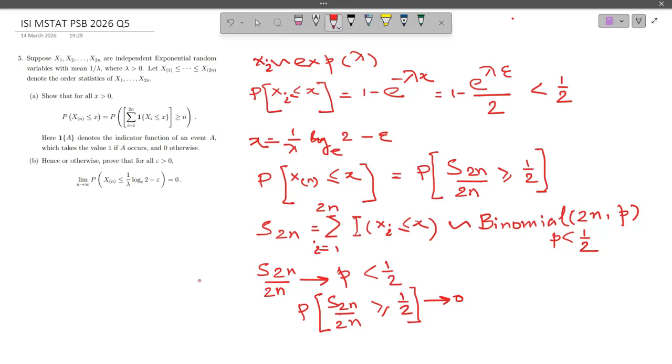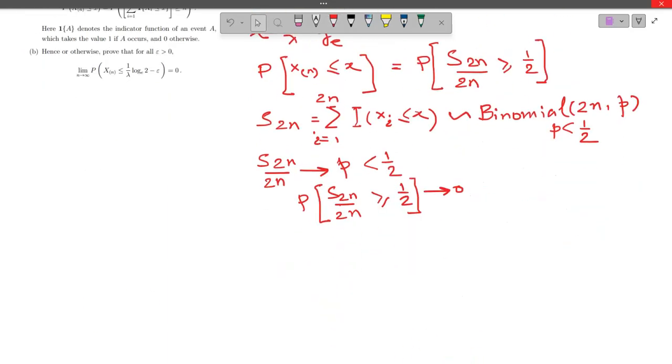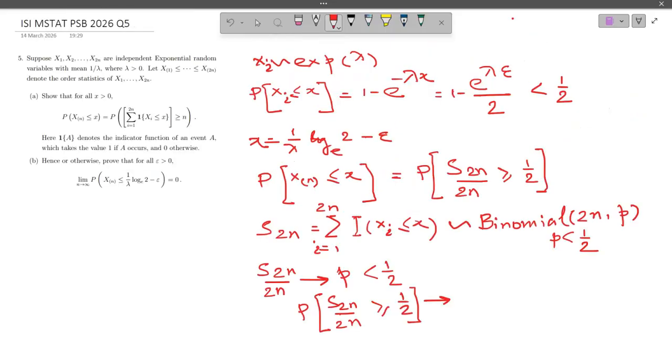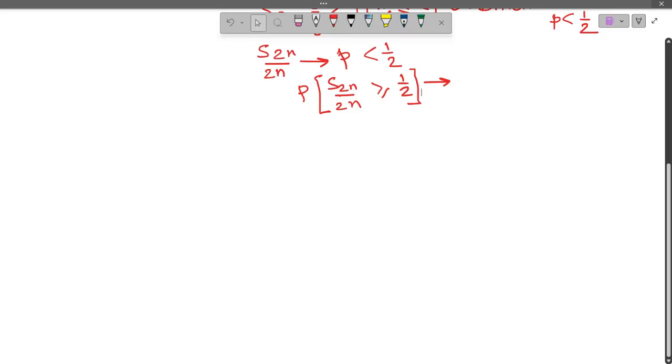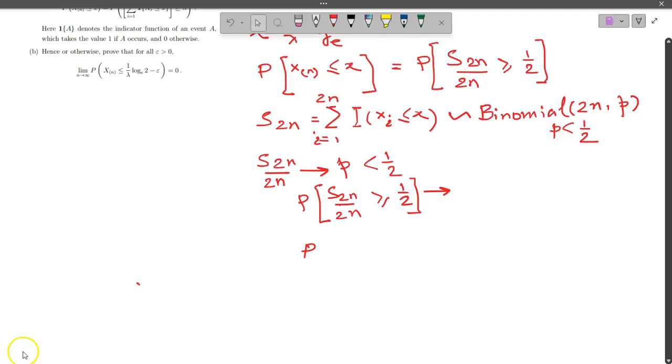But this is nothing but the probability I have written already: the nth order statistic being ≤ x is the same as saying S2n/2n ≥ half.